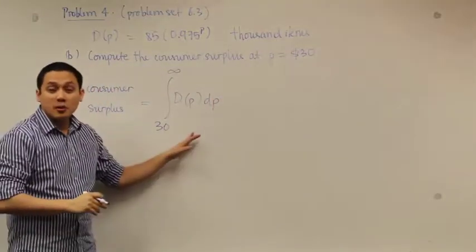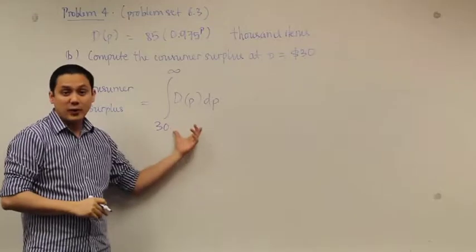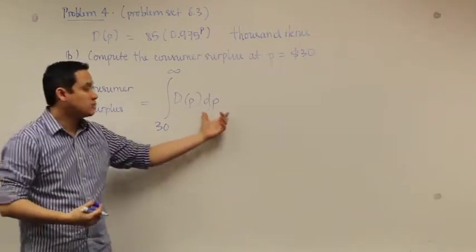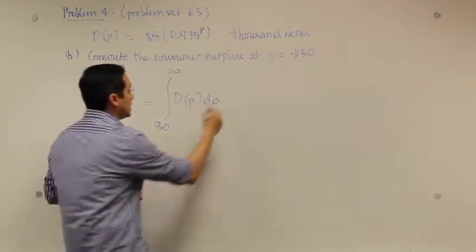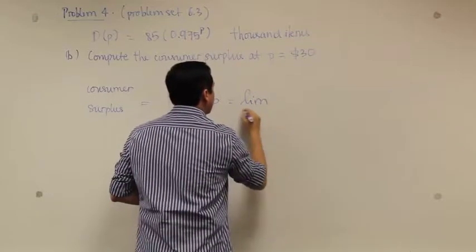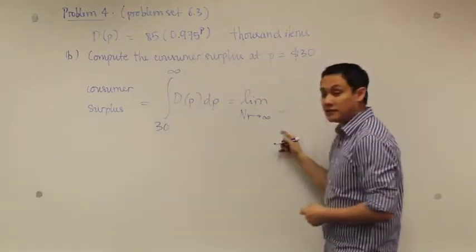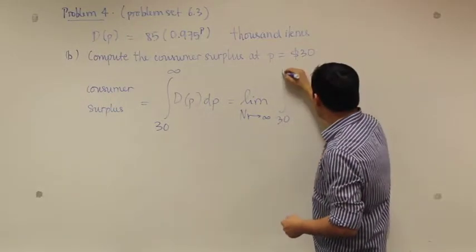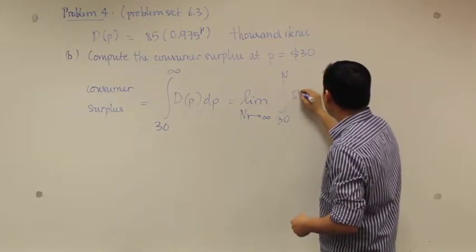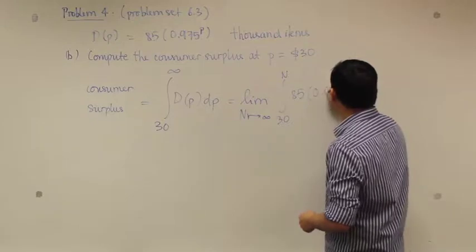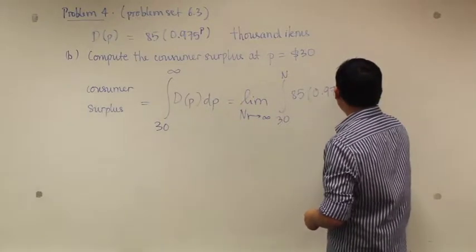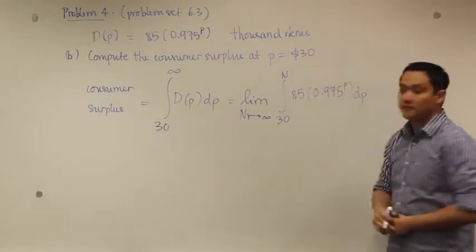So this is the improper integral. To evaluate this improper integral, you have to rewrite as limit as n goes to infinity of the definite integral from 30 to n of 85 times 0.975 to the p dp.